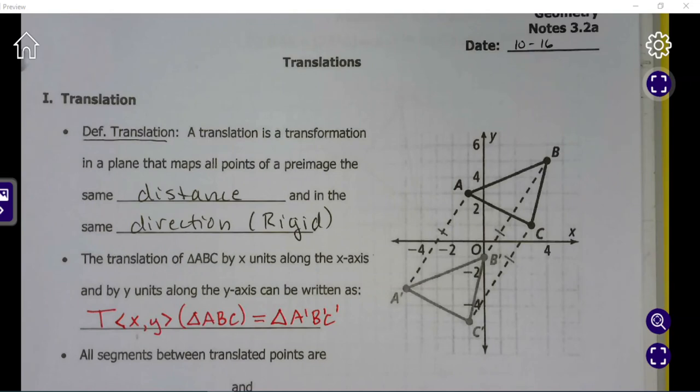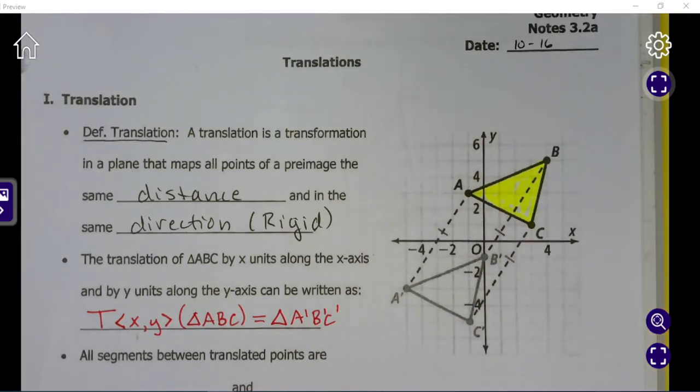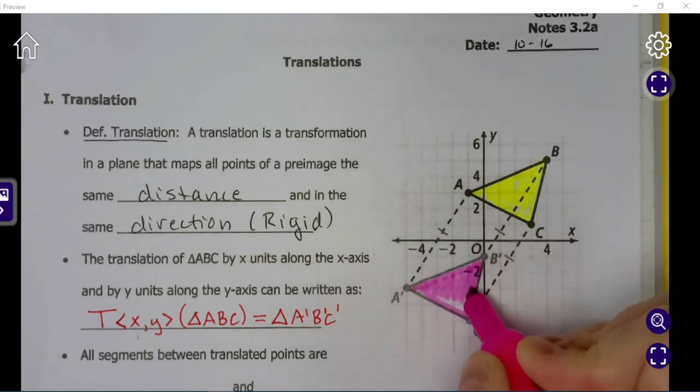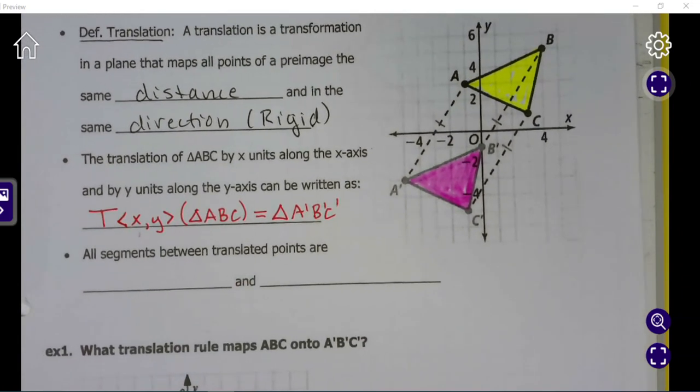So let's look at the picture here. We have triangle ABC, and we are going to translate it, which means move it, so that it becomes A prime, B prime, C prime. So we're going to write the rule from the picture.